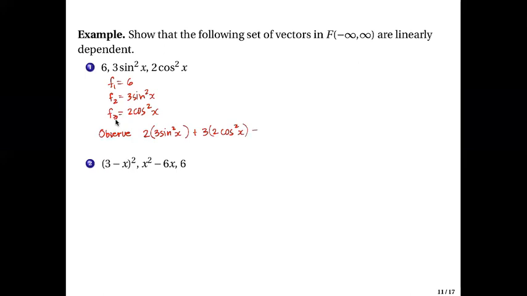This is equal to 6 sine squared x plus 6 cosine squared x. And you can factor out 6 in here. You have 6 times sine squared x plus cosine squared x. And sine squared x plus cosine squared x, that's just 1. Do you remember that? So you just have 6 times 1. So this is equal to 6.